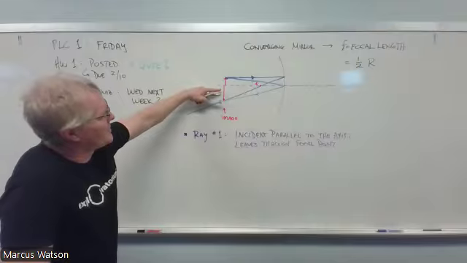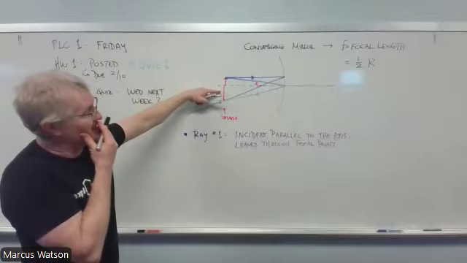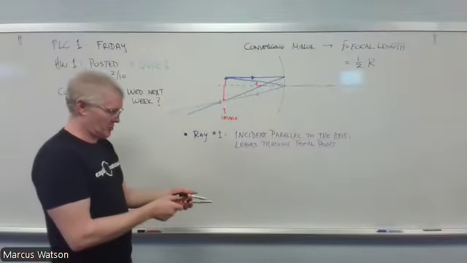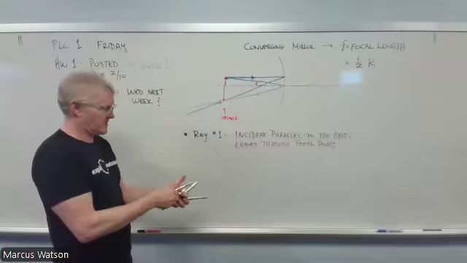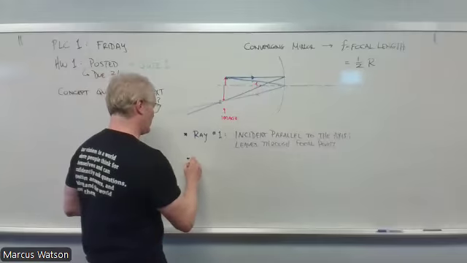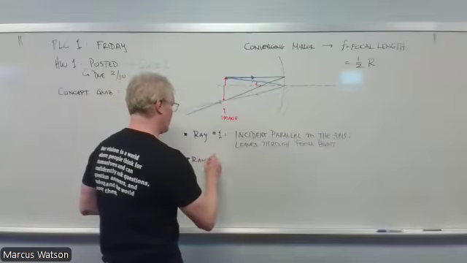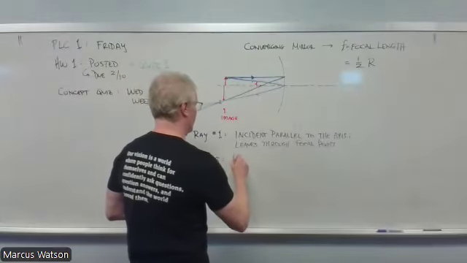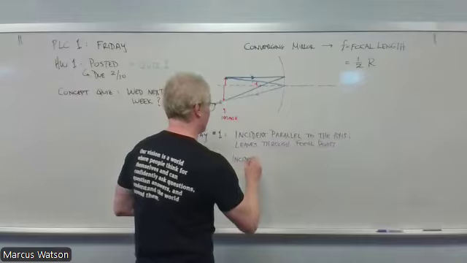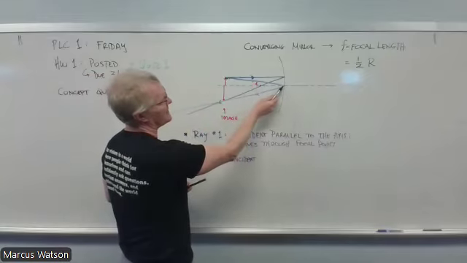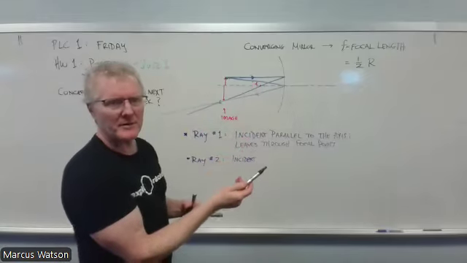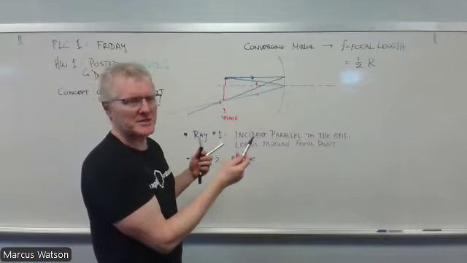I want to introduce you all to ray number 2. Let me write that down. And then we'll go and hit ray number 3. It is incident at the, I don't know, the point where the symmetry axis crosses the mirror.